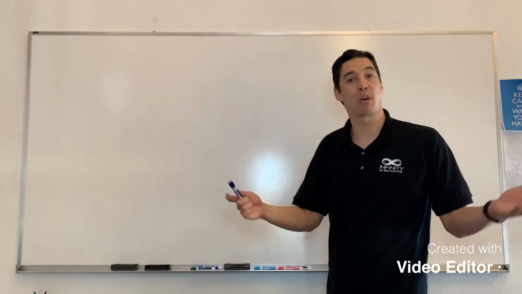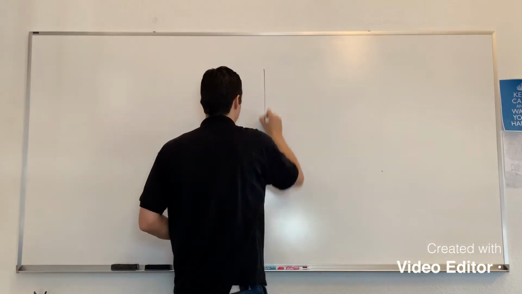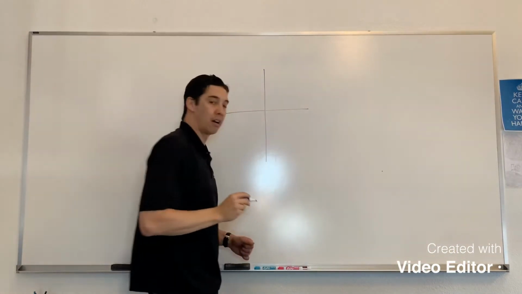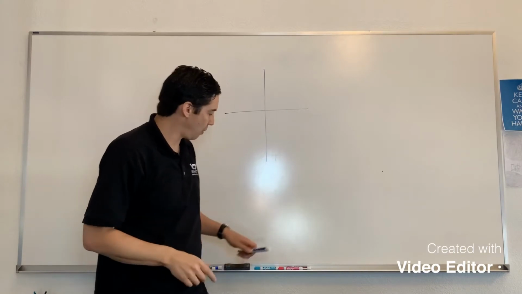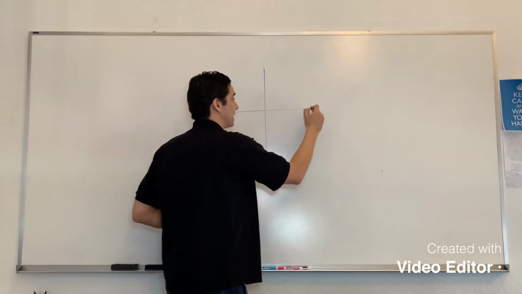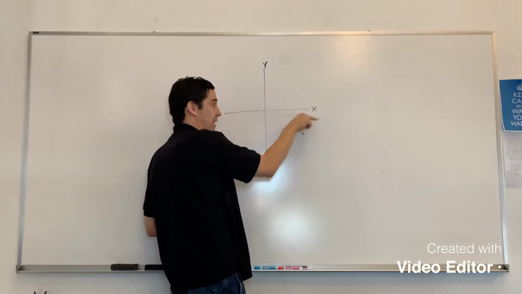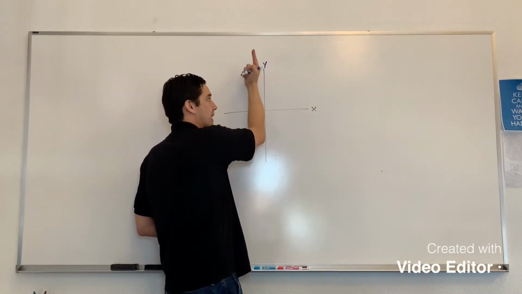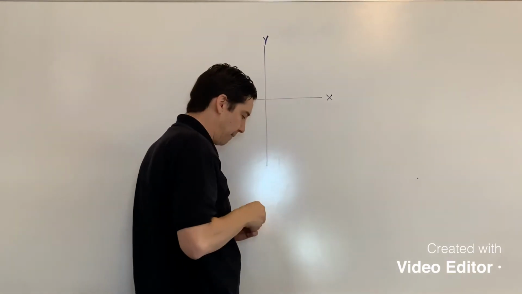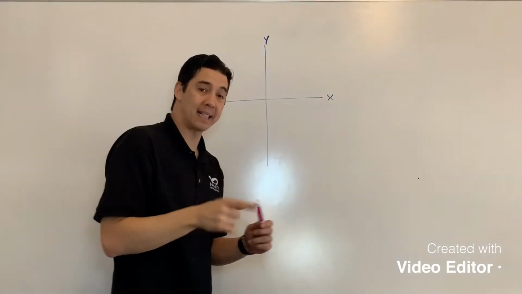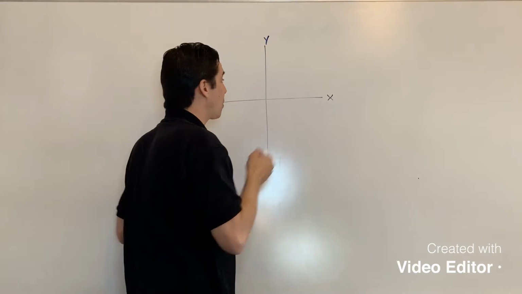First of all, I'm going to draw a Cartesian graph. All right, the first thing you need to know is that this is the x-axis, and this is the y-axis. X is positive, x is negative, y is positive, y is negative. Where they're both positive, this is quadrant 1.